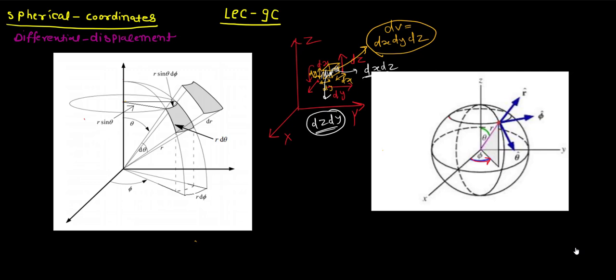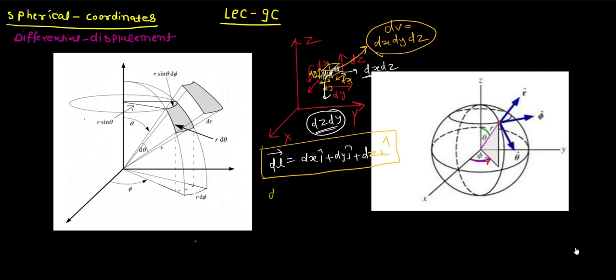Okay, so we calculated three things. The element dl vector in the Cartesian coordinates is always represented by dx i cap plus dy j cap plus dz k cap. Yes, it was the displacement vector in the Cartesian coordinates.